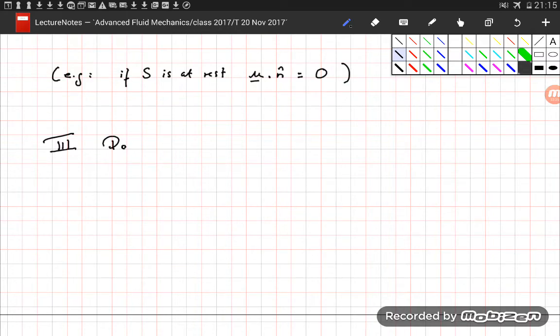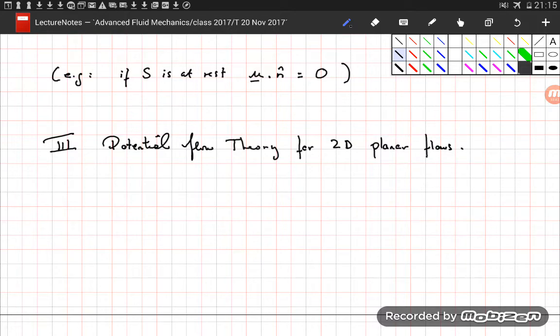Potential flow theory for two-dimensional planar flows. So the theory we're going to discuss now is really the theory which essentially was the foundation of modern aerodynamics.